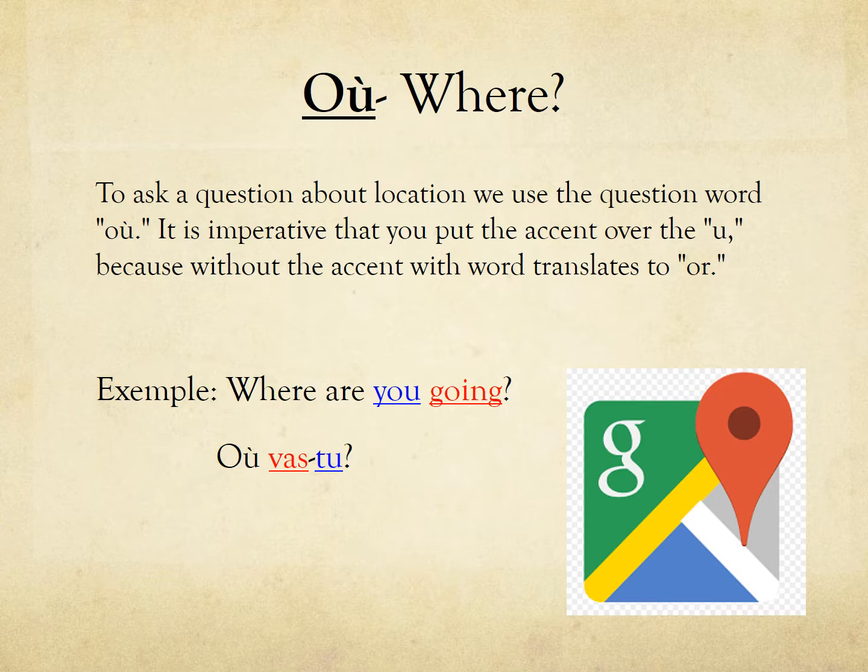So this is one of those words when you do your writing for the FLACS exam that if you forget to put that accent mark on the U, you would lose points because you're now changing the meaning of the word. So our example with the question word où is where are you going? Or où vas-tu?